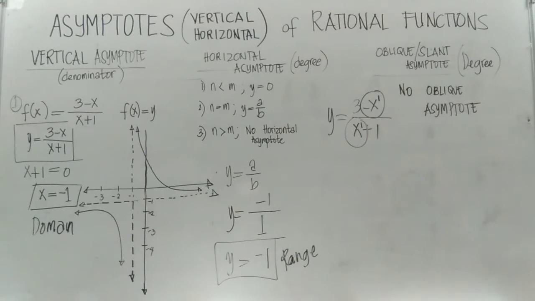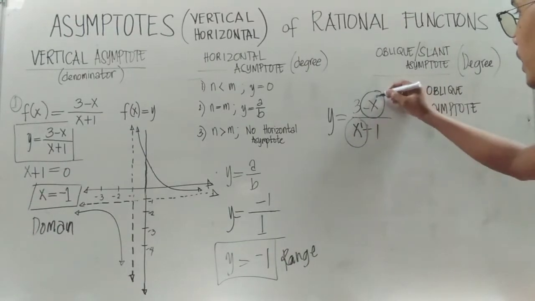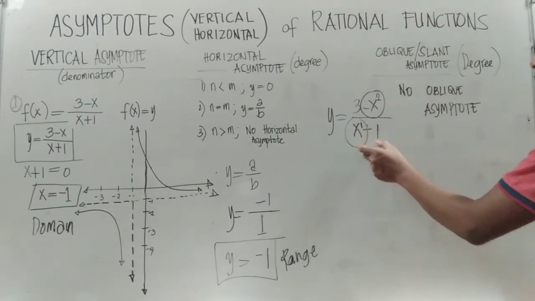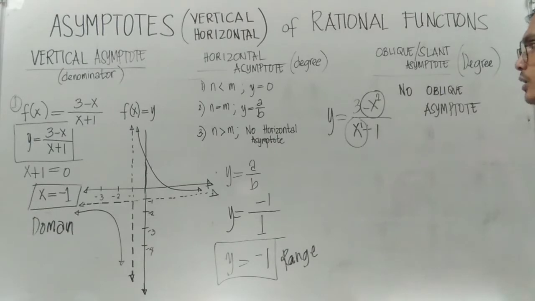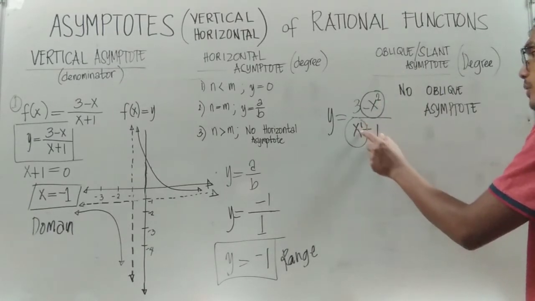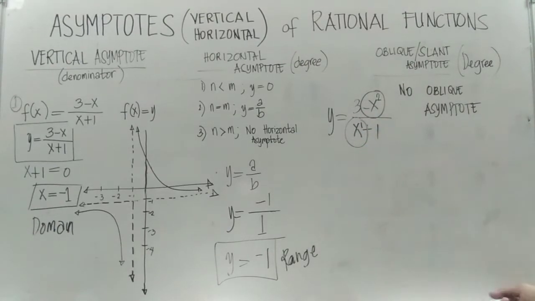An oblique asymptote occurs when the degree of the numerator is greater than the degree of the denominator by 1. For example, if the degree of your numerator is 2 and the degree of your denominator is 1, then we can solve for your oblique asymptote.